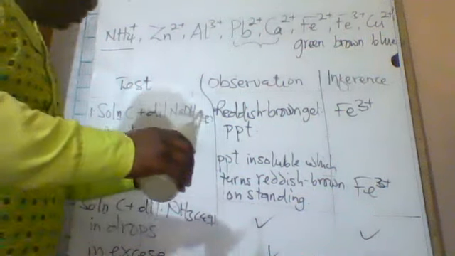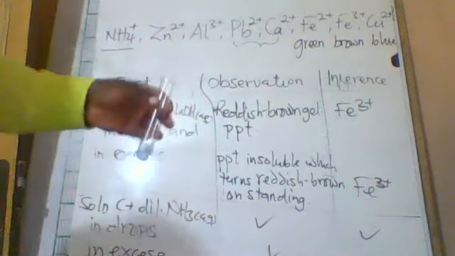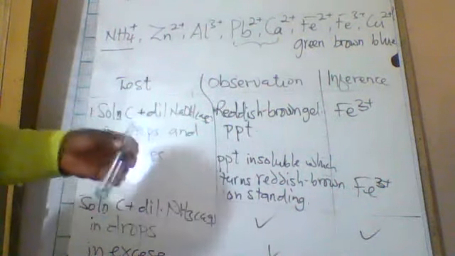Then copper. For copper, when you add the sodium hydroxide in drops, it will give you blue gelatinous PPT. And the PPT is insoluble in excess.